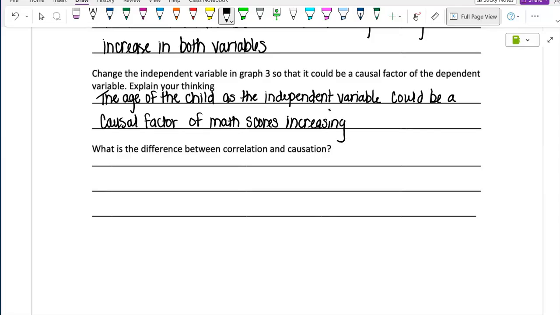As you said, you learn more. Well, why do you learn more? Because you are getting older. As you get older, we teach you more, so you know more. So age could be a causal factor.